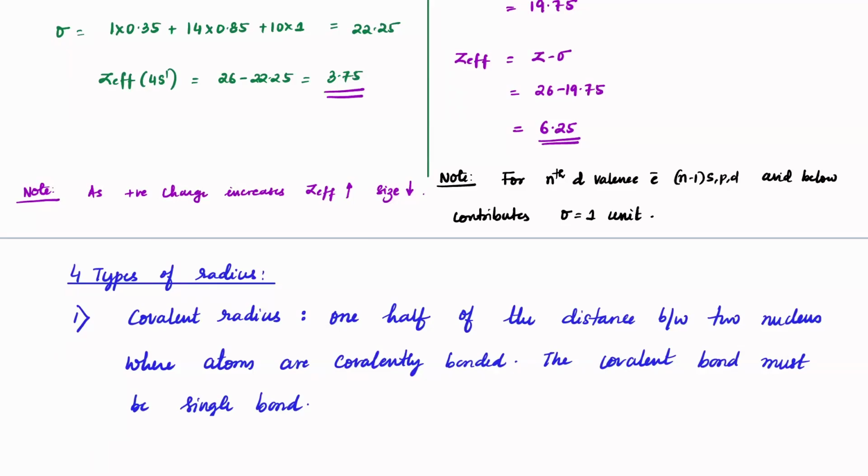Got it? So listen, it is like this. If you have more number of electrons, the nucleus has to share its positive charge with almost all the electrons. If you have fewer electrons, it has to share with only fewer electrons. So the Z effective will be higher.